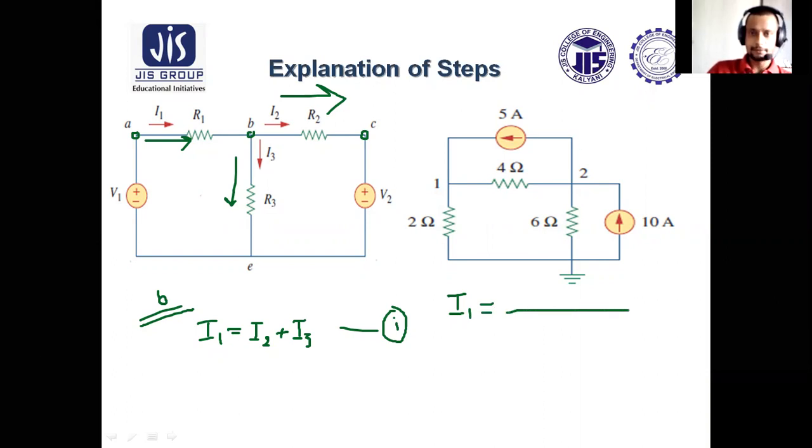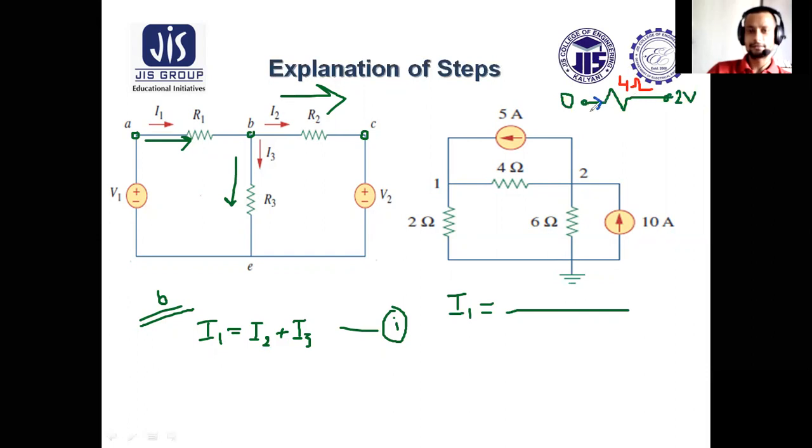For example, suppose this is 10 volt at this node, this node voltage is 2 volt, and this is 4 ohm.